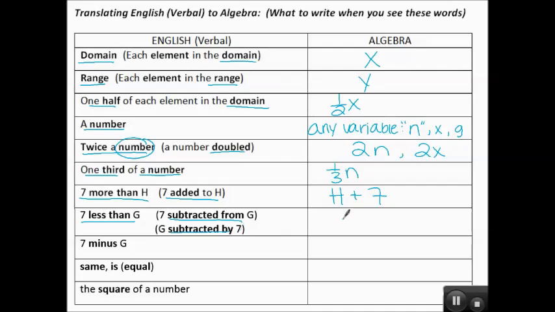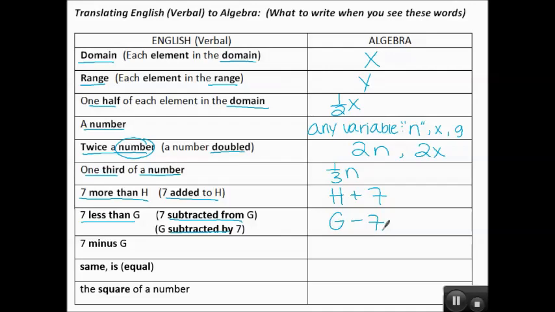So I'm taking my value of g and taking 7 away from it. 7 less than g, 7 subtracted from g, and g subtracted by 7, all represented the same way, g minus 7.